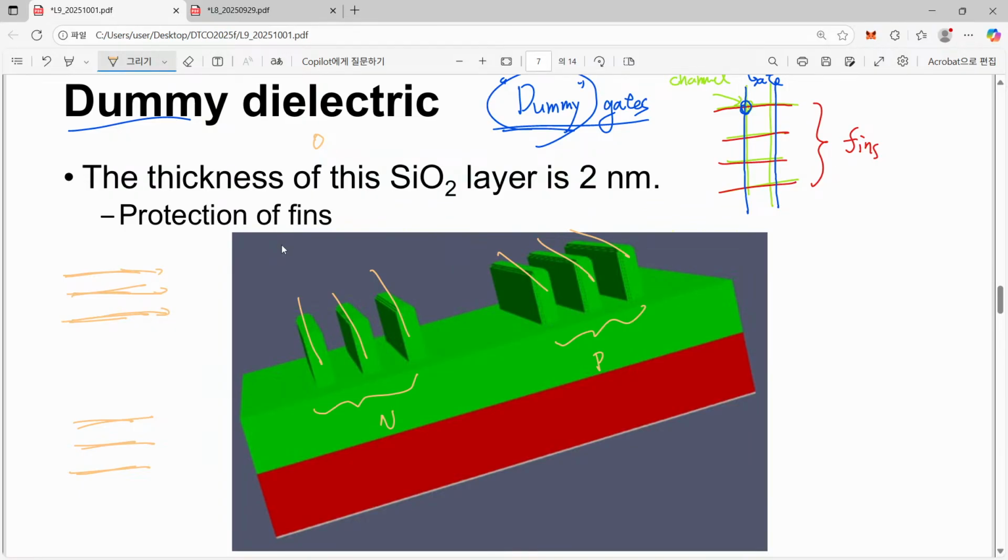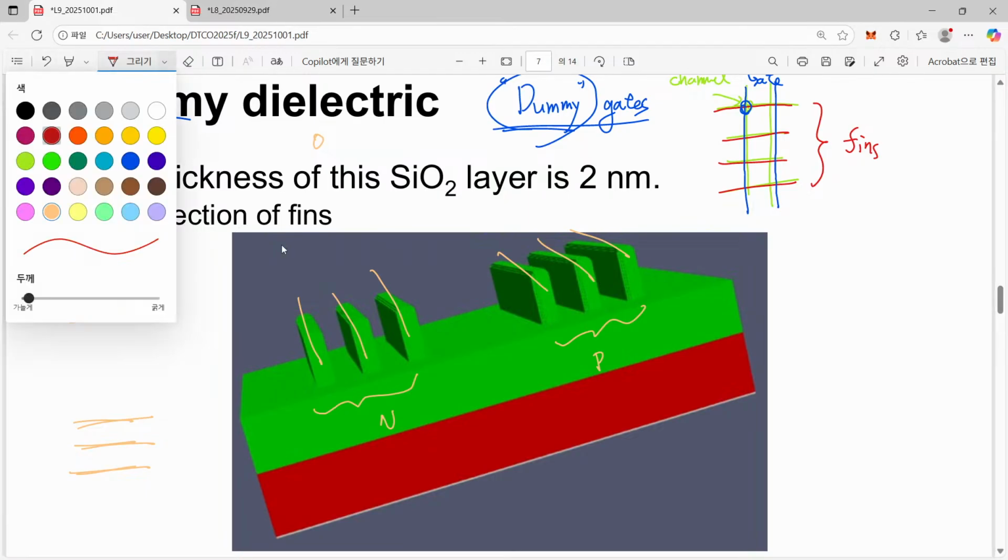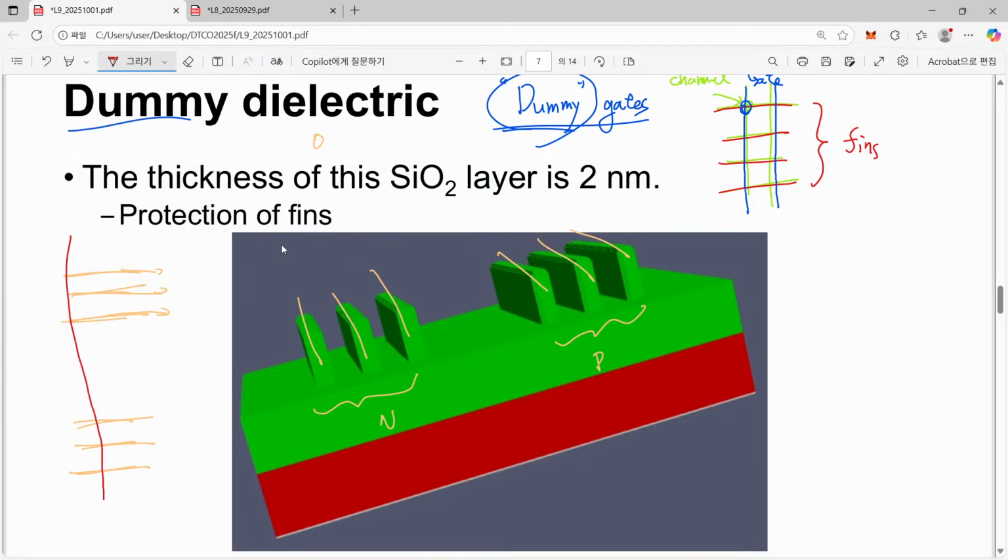Then in order to make a cross point between fins and gates, what should be the direction for our gate running? Oh sorry, I have to draw a straight line. We have to have the vertical line in our layout design.